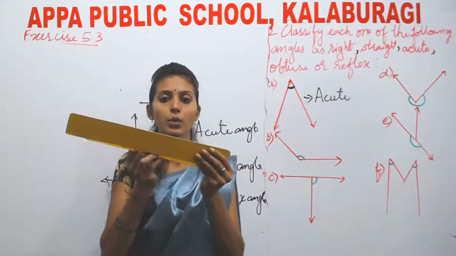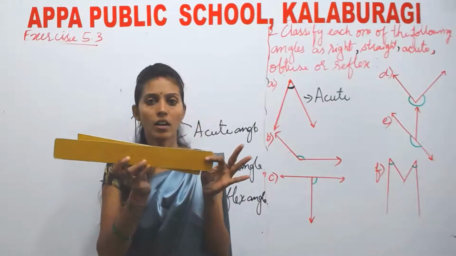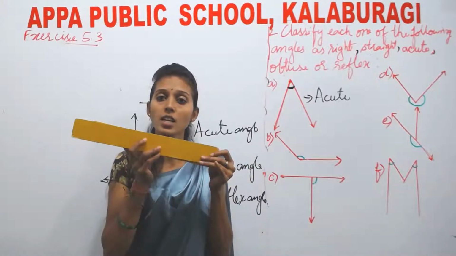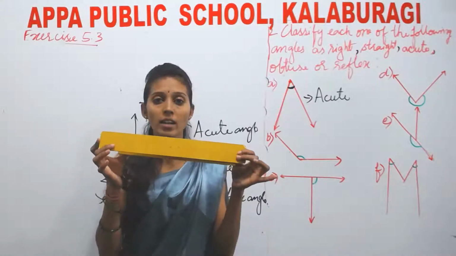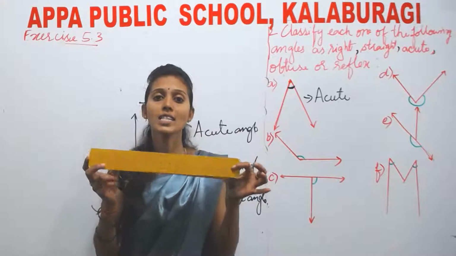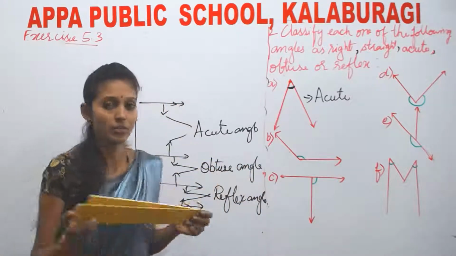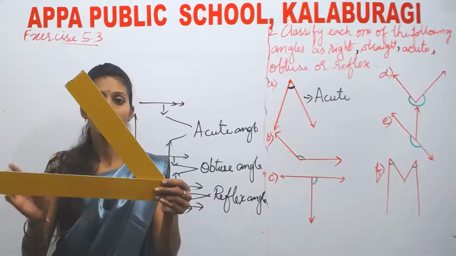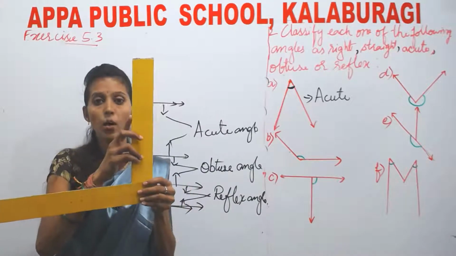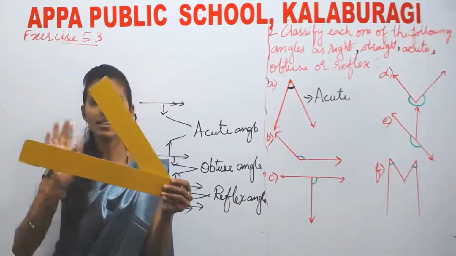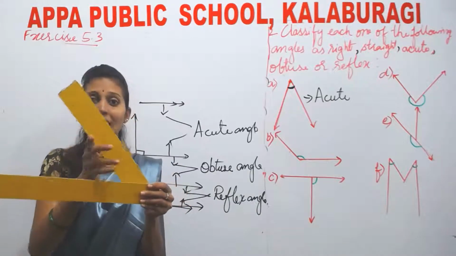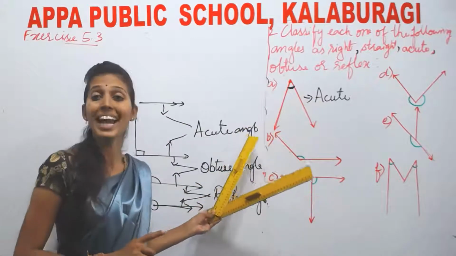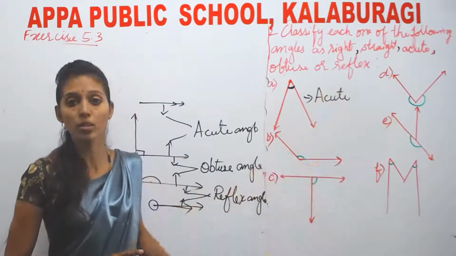If both the rays are one on another, there is no movement. Initial ray and final ray are on one another, so they did not start to move. That is nothing but 0 angle. If it started and doesn't reach the vertical, just started, more than 0 degree and less than 90 degree is nothing but acute angle. This is what I wrote here.